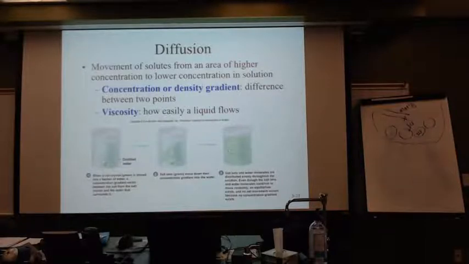It says simple diffusion involves mostly non-polar substances like oxygen, carbon dioxide, lipids, hydrocarbons. They move straight through the phospholipid bilayer without the need for proteins.